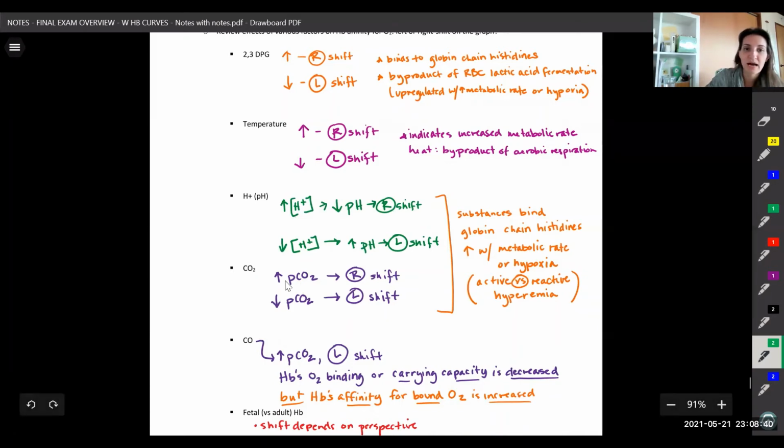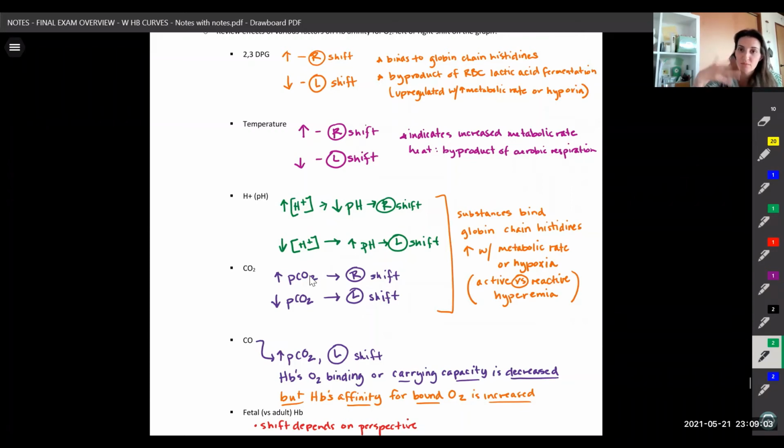Same is true when we have an increase in the partial pressure of CO2, more CO2 being produced as a byproduct of aerobic respiration. That's a right shift. And then the opposite for low hydrogen ion concentration, which represents a basic pH, and low partial pressure of CO2.